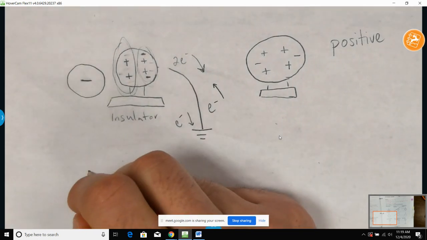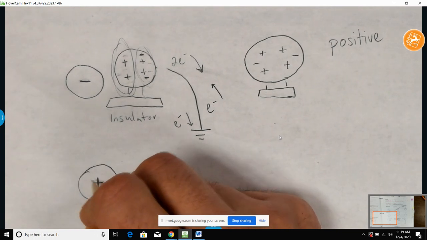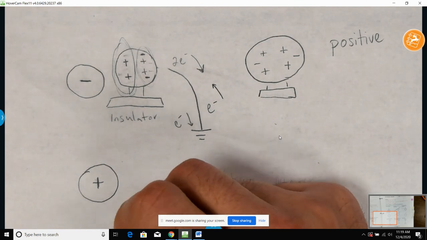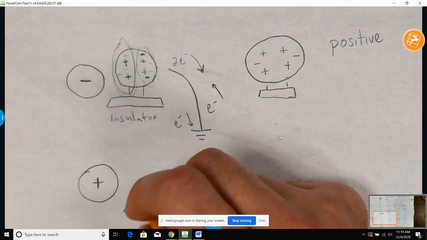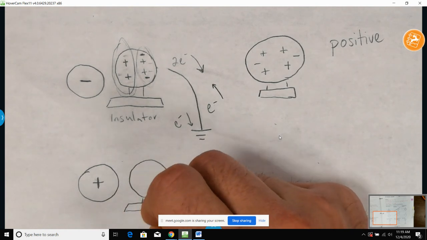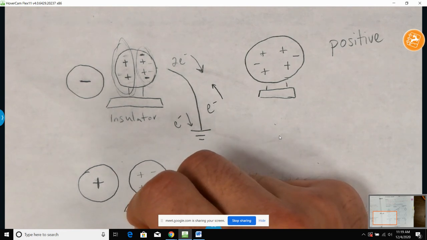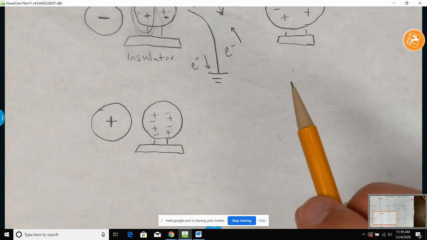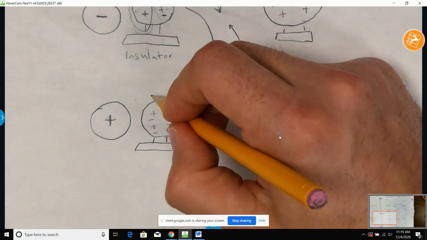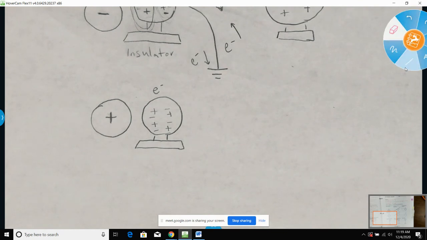Now, same concept here. If I were to take a positively charged object and move it towards a neutral cylinder, so we got 4 and 4, are the electrons going to jump from the neutral sphere over to this positive charge?